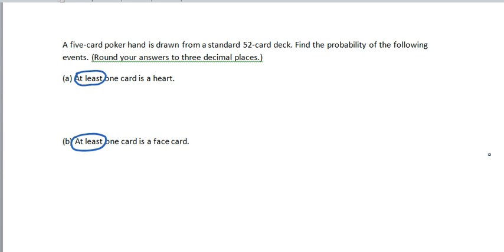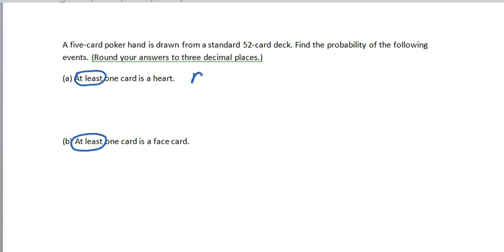So we certainly could do this the long way and find the number of hands where there was 1 heart and 2 hearts, 3 hearts, 4 hearts, 5 hearts using combinations. But it would be easier for us to say that at least 1 heart is the complement of no hearts.